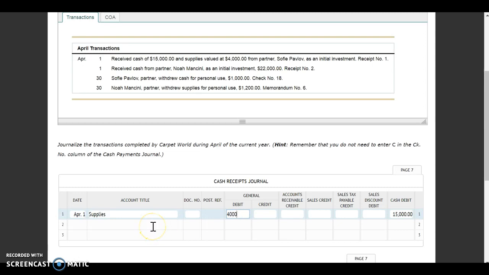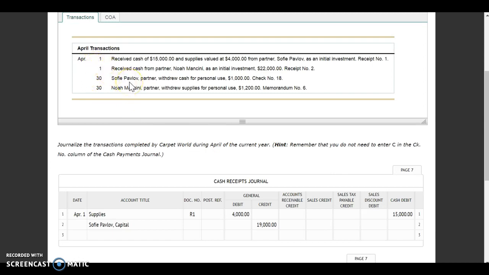Then I need to have a credit for the total amount, and I'm going to credit my Sophie Pavlov capital account because she's investing that much money, so it will be a credit of $19,000. My source document for that is R1, receipt 1. So I have a debit and a credit that equal.